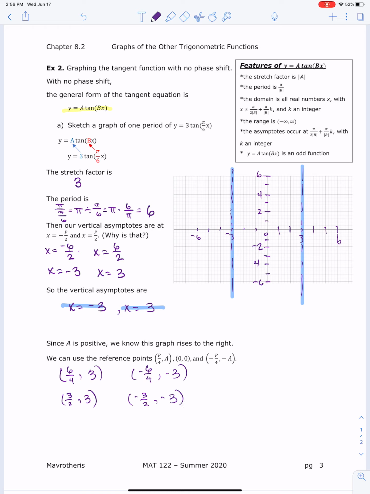And then we've also got that center of the period, the 0. So we're going to start with 0, 0. I've got 3 halves. So right here, up to 3, negative 3 halves, negative 3, and that really is all I need to graph my tangent.